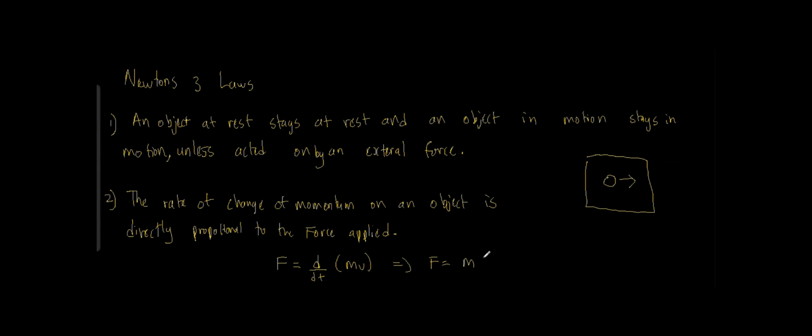Velocity is the quantity that's changing here, and that is what we know as F equals ma, because dv/dt, from kinematics or calculus, whichever branch of math you learned it from, is acceleration. So the rate of change of momentum is directly proportional to the force applied, which leads to the formula F equals ma.